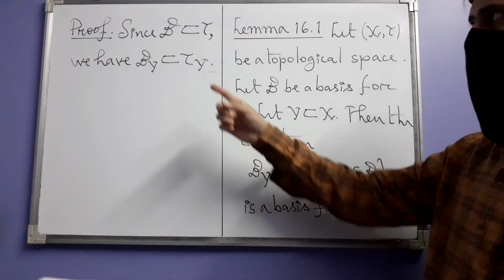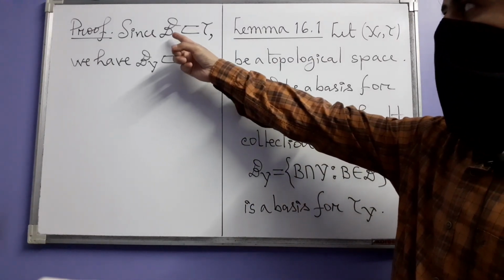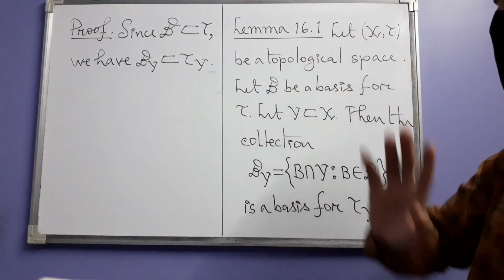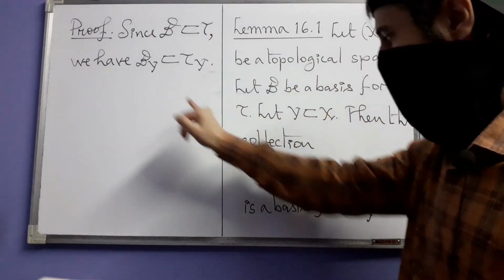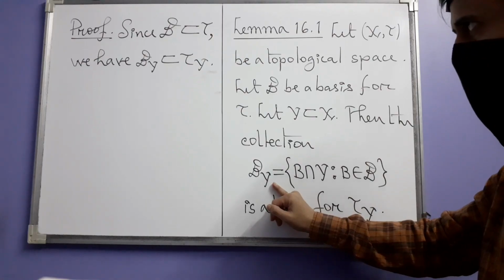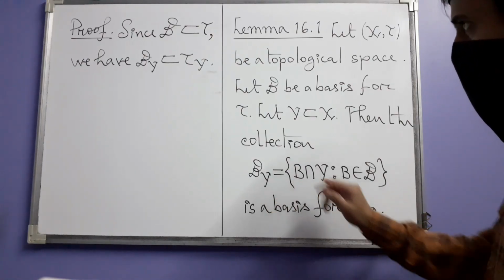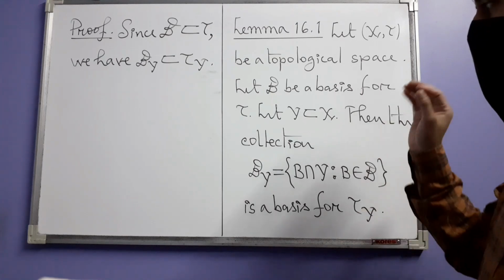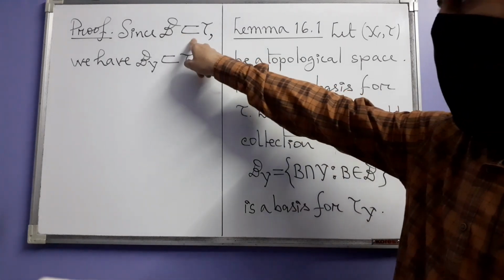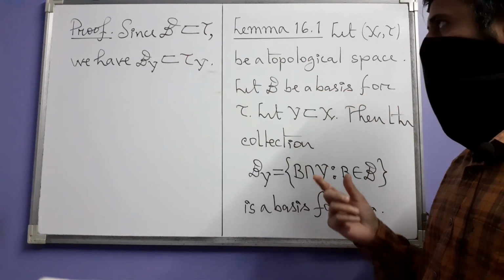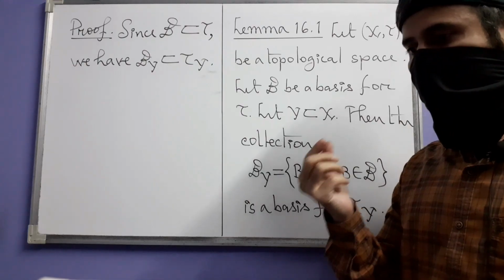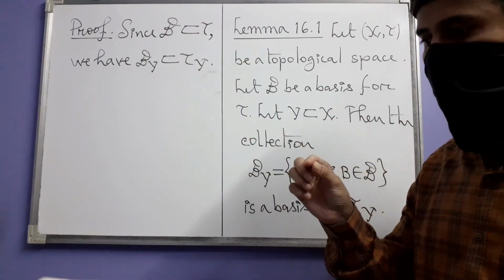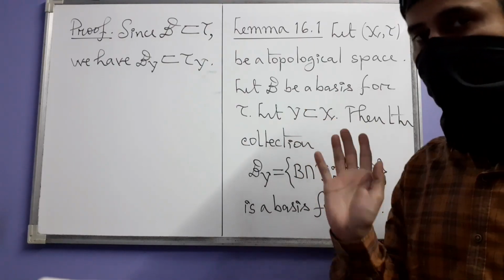So the first thing we note in the proof is this: since the basis B is itself a subset of the topology tau, this collection By is a subset of the subspace topology tau y. Why? Oh, and by the way, where are we getting this from? You recall that in a topology, if there is a basis, then the basis elements in particular are also open sets.